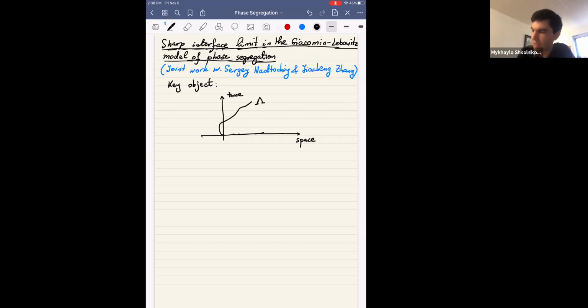I will write lambda for this boundary. My time variable will be s. So lambda of s will be the location of the free boundary at time s. Roughly speaking, the way you should think about this picture is that I will think of having water on the left of the boundary and oil to the right of the boundary. So imagine that you're fairly far in the phase separation process that you saw in the video, so you can actually distinguish the regions mostly occupied by oil and mostly occupied by water.